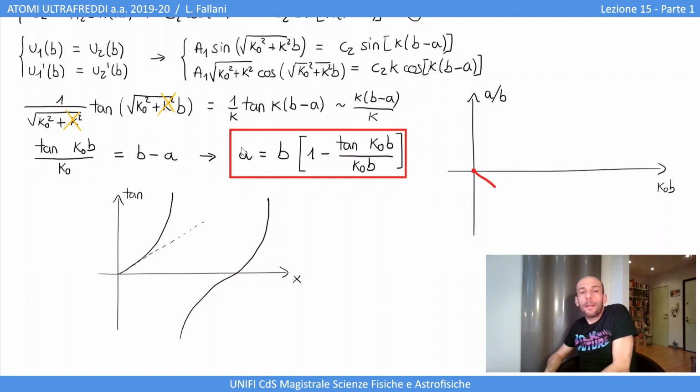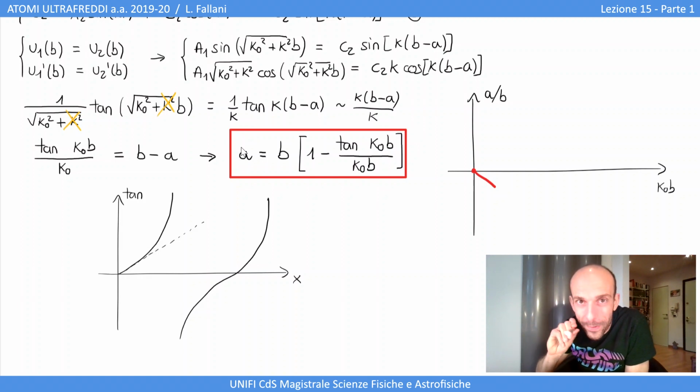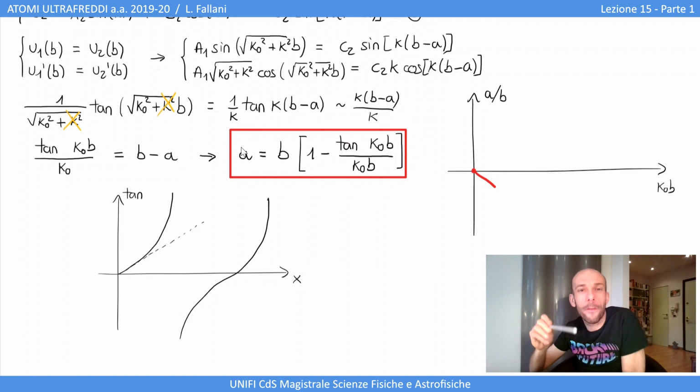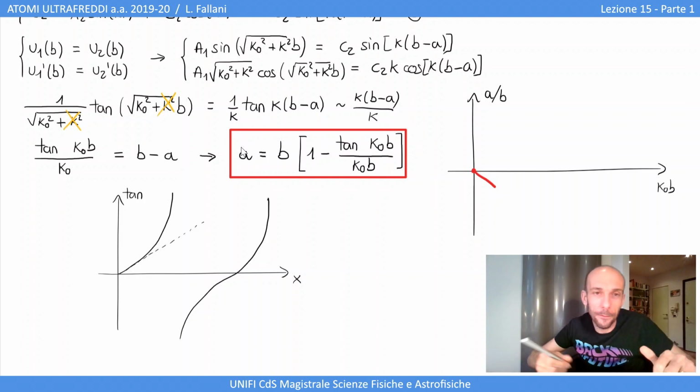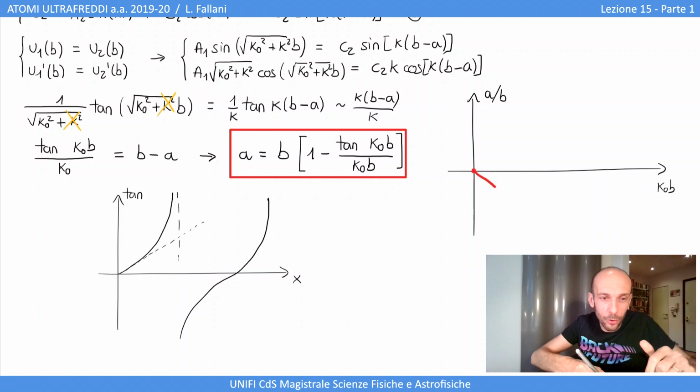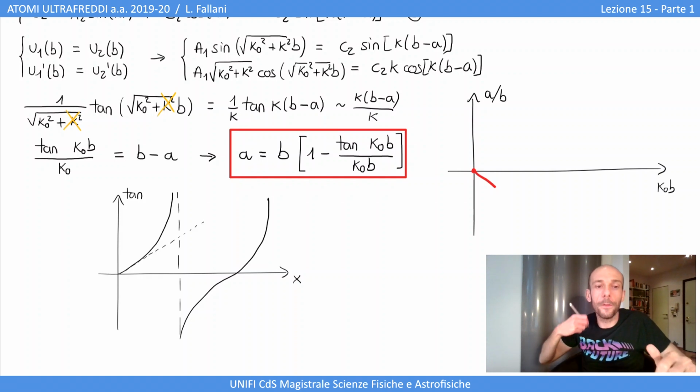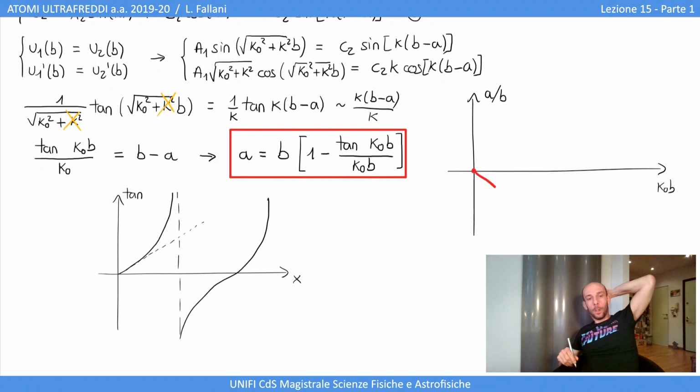But then at some point you realize that the tangent is a very different beast, and so differently from the hyperbolic tangent, the simple ordinary tangent has poles. It goes to infinity, and then it starts again from negative infinity. And so something interesting should happen, of course, in correspondence of these poles.